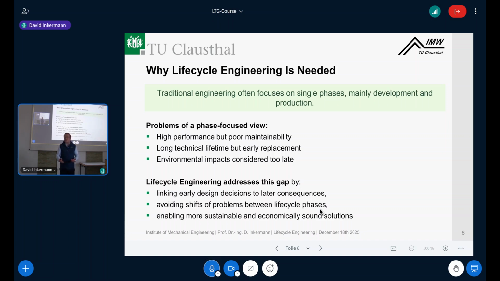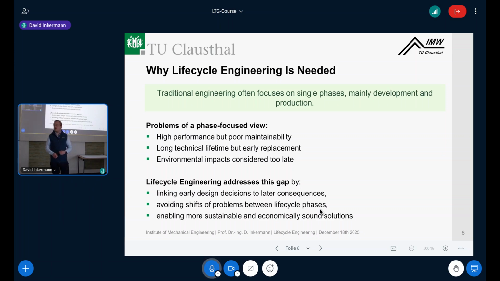So that's not a real life cycle, or not a real circular strategy, but it's just reusing this material on a very, very basic level. Yeah, and that is shifting the problems to another life cycle stage, what I mentioned here. And also, like mentioned before, it's about considering sustainability, but also economically sound solutions. So that is the balancing I introduced beforehand.